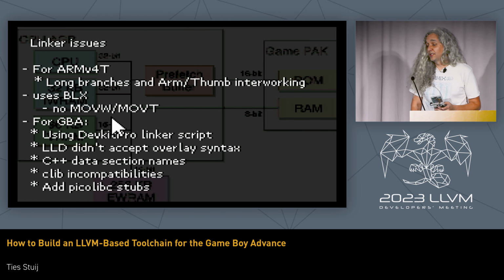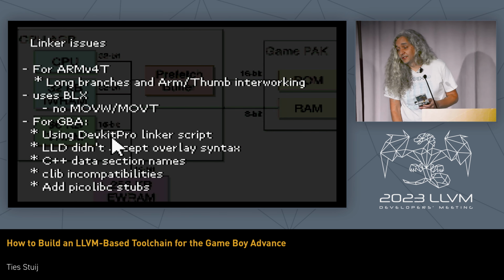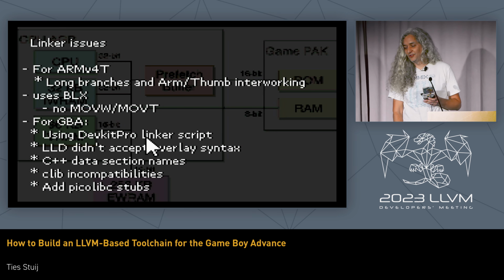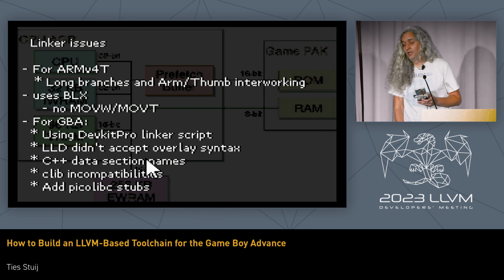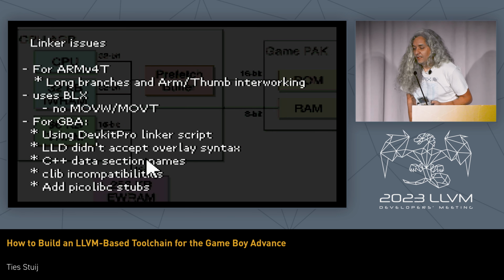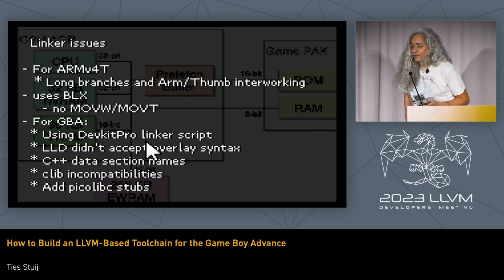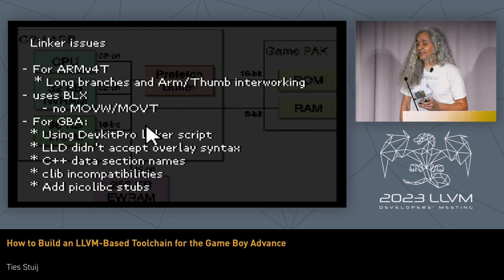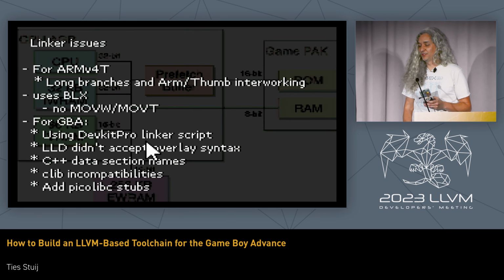For the Game Boy Advance specifically, it uses basically the linker script of the GCC standard devkit. It has been going on since, I don't really know, 2002, 2003, something like that. Still going strong. Things that broke for me: LLD didn't accept the overlay syntax that this linker script has, which currently nobody uses.